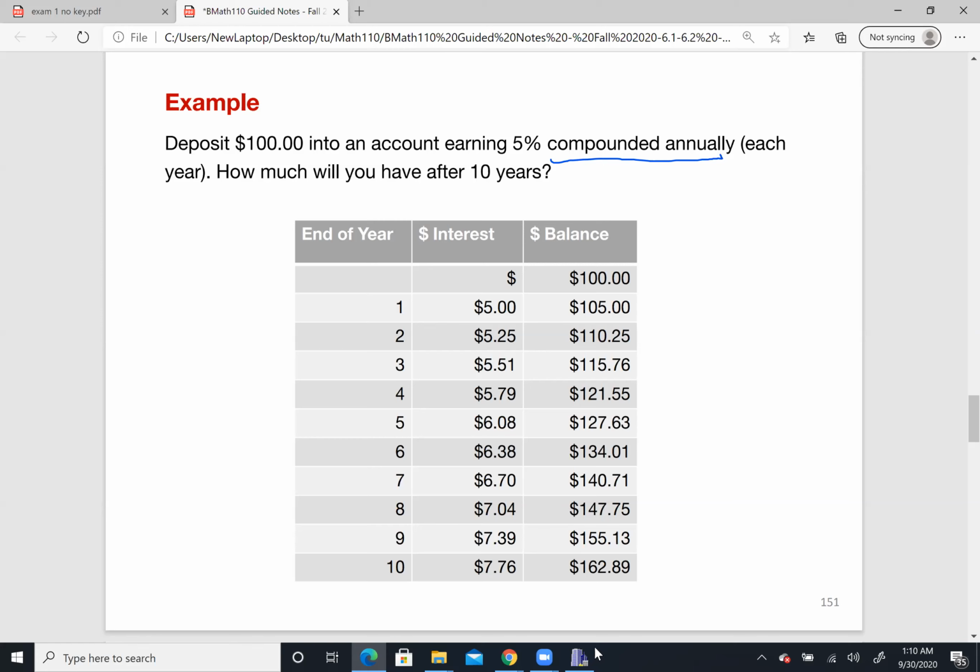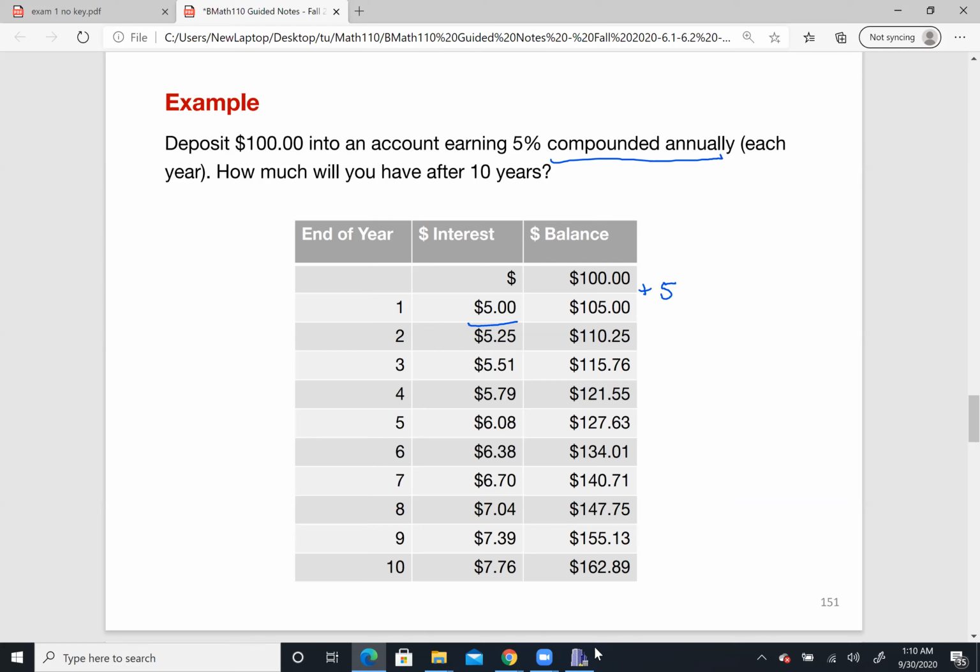So you have $5 for the interest, and then the total, adding 100 with 5, is 105, right?